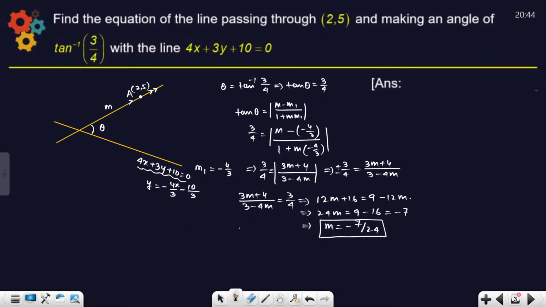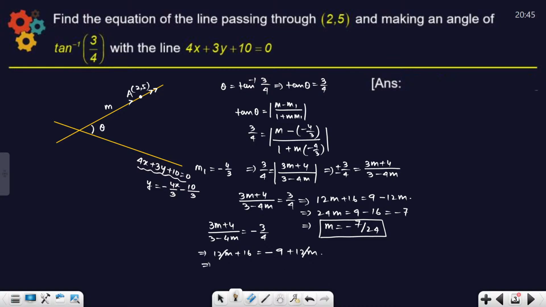So this is the slope of the line. And let me take the minus sign again: minus 3 over 4. Let me cross multiply. Now, the most interesting part is that in this case, the 12m and 12m get cancelled.